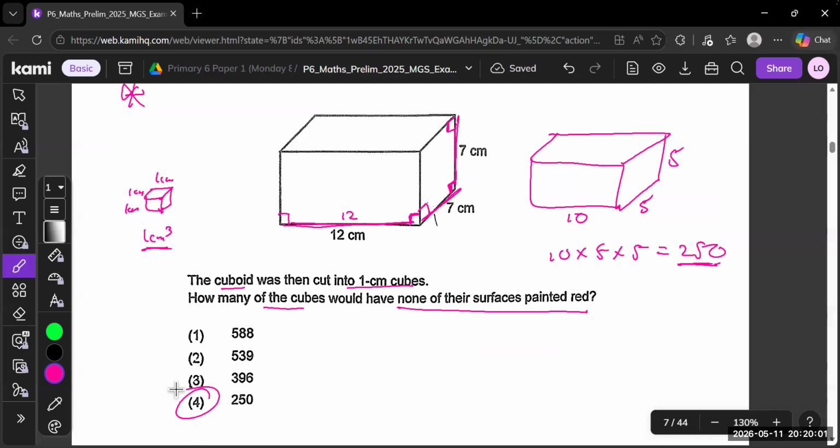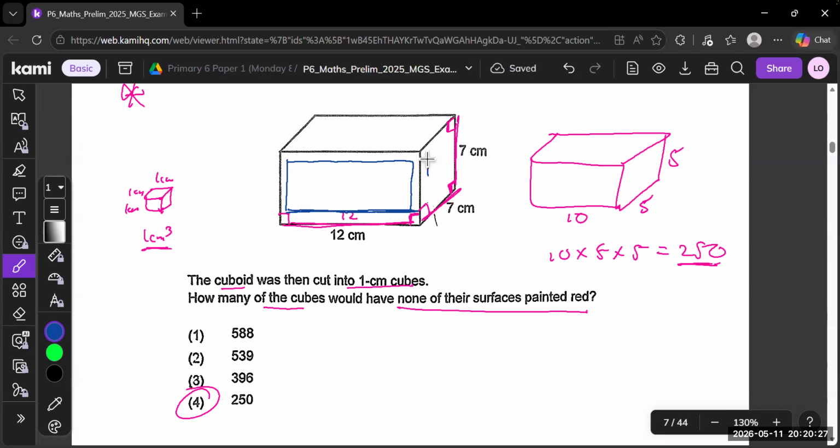Why is it like that? Because Mr. will try to explain to you why. It's like you're going to do an X-ray, you're going to see through with your X-ray eyes. So if you take out the corner cubes, what will happen? You will see the cubes that are untouched, unpainted on the inside.